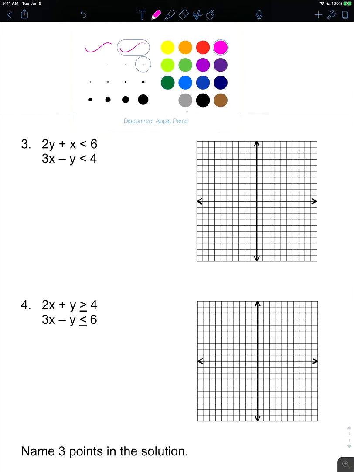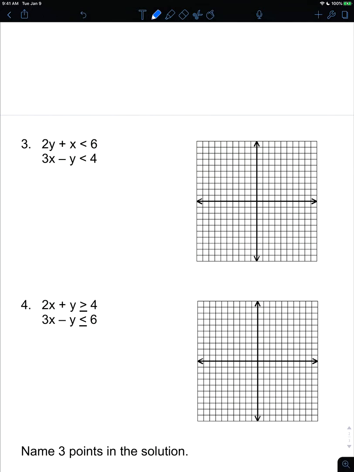So these are not in y equals mx plus b, so we're going to make sure we put them in y equals mx plus b before we graph them. We're going to subtract that x over. So 2y is less than negative x plus 6, and you all should know how to do this. We've been doing it for a while now.